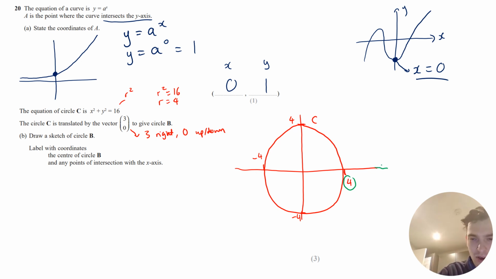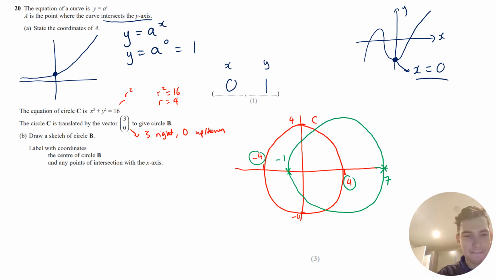I think it's going to go to 7. What about this -4? If it goes 3 to the right, I think it's going to go to -1. So let's sketch this circle now. It's going to look something like this.